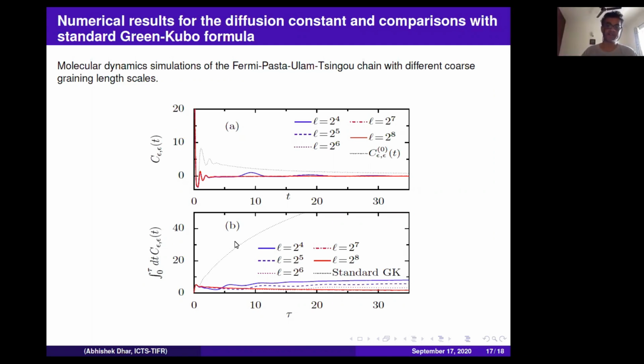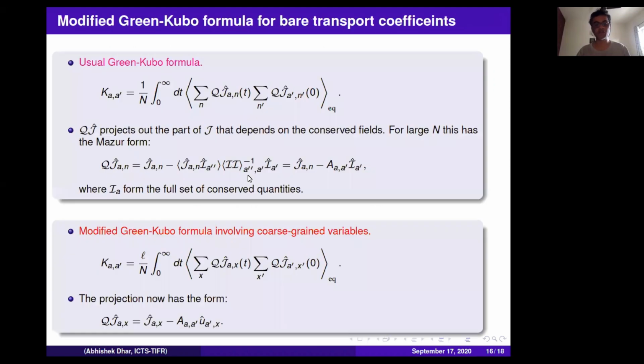Here we plot the integral, and you can see that it has a divergence, so there's a problem. But on using these coarse-grained variables with some length scale L, you find that they have a very fast decay, and as you make the length scale larger and larger, it converges to a nice quantity. So this modified Green-Kubo formula gives you the transport coefficients completely, with a nice prescription.